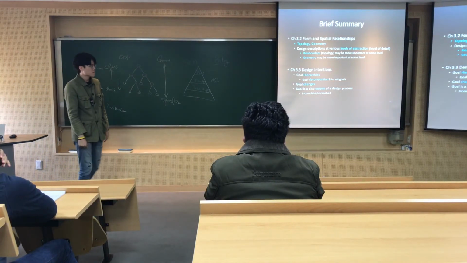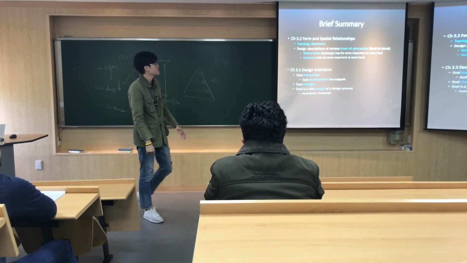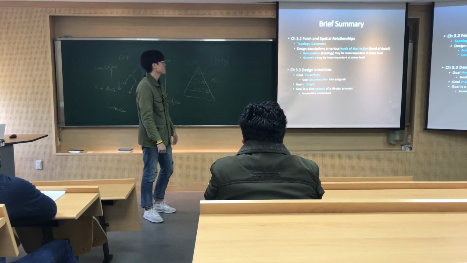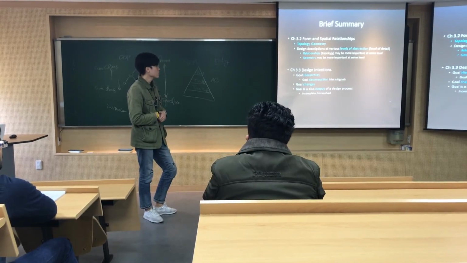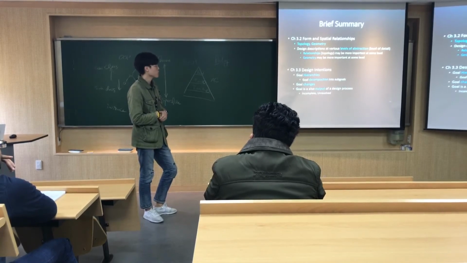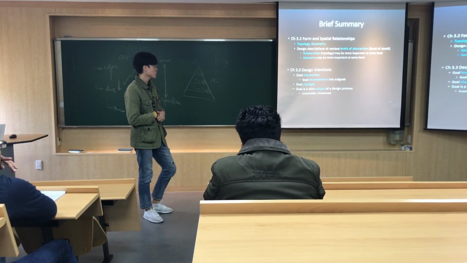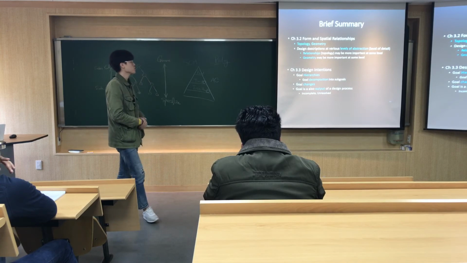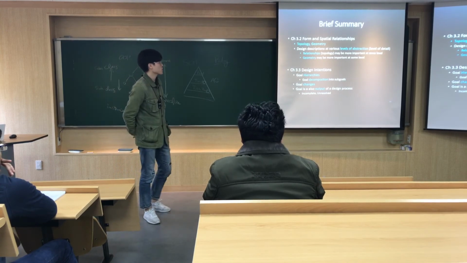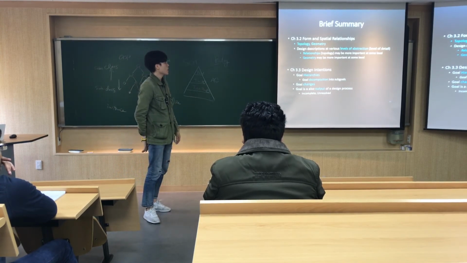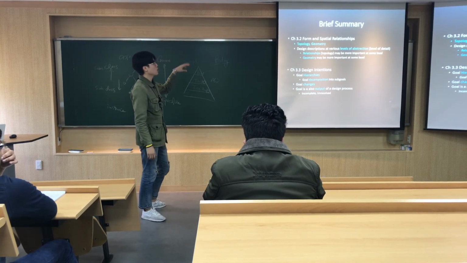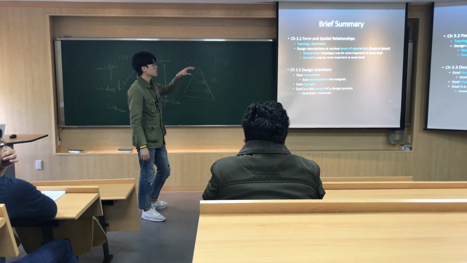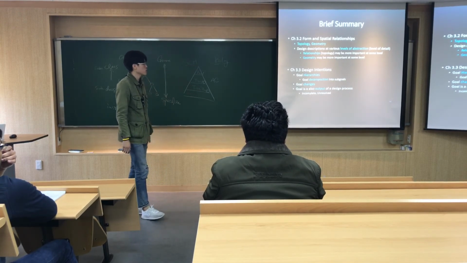So this is the final slide. I prepared a brief summary. In chapter 3.2, I explained topology as well as geometry and design description at various levels of abstraction or level of detail. In some design phases, relationship comes first. In the detailed design, geometry comes first.